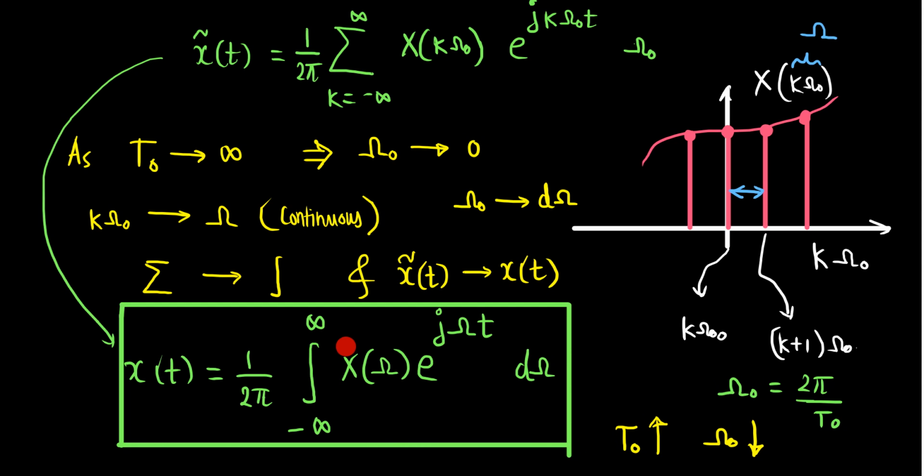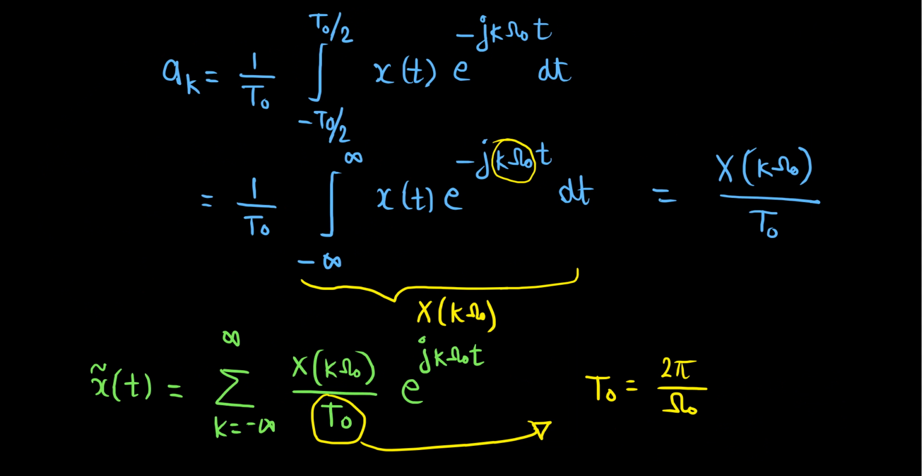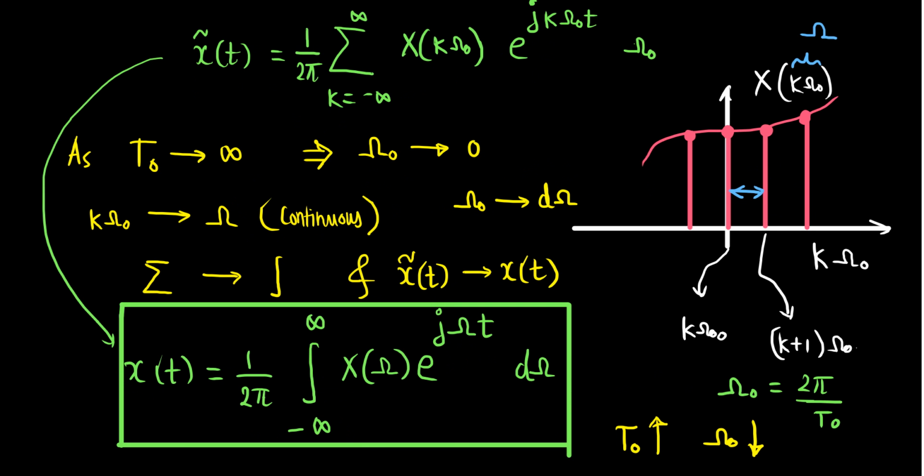So this expression that we have obtained is called as the Fourier transform expression, and the expression that we have denoted here, that is x of omega, that is integration of minus infinite to infinite x of t e power minus j omega t, is called as the inverse Fourier transform. So let me write that. So this is the Fourier representation of our aperiodic signals.